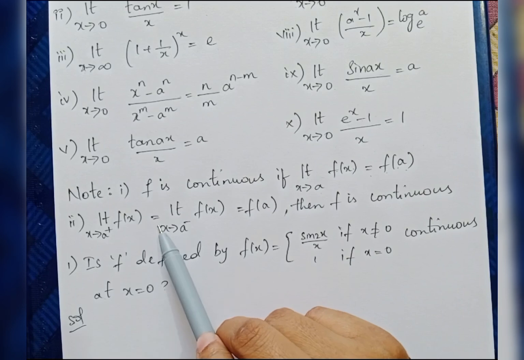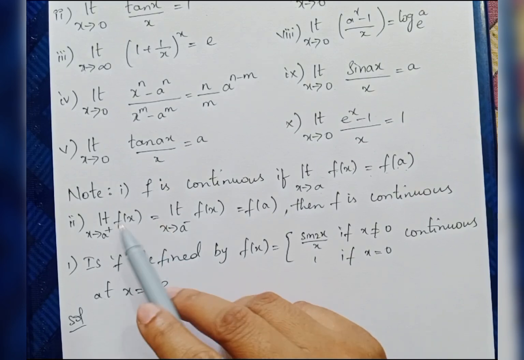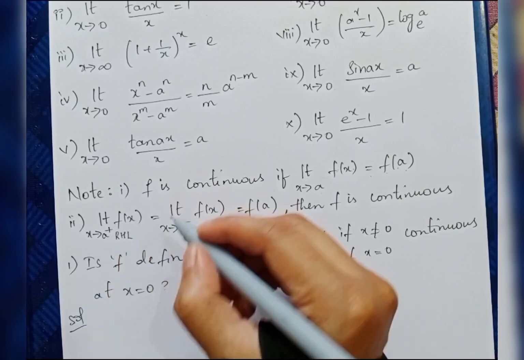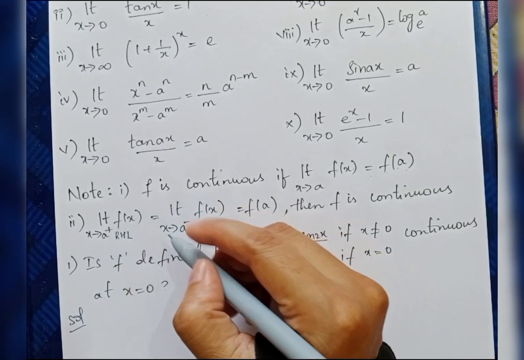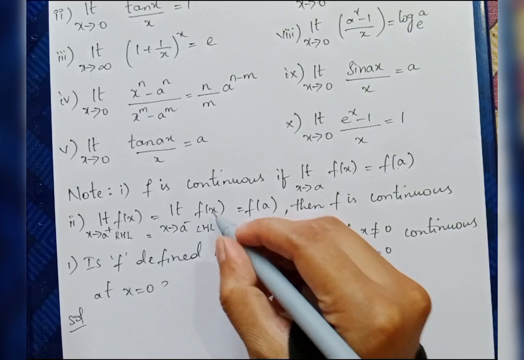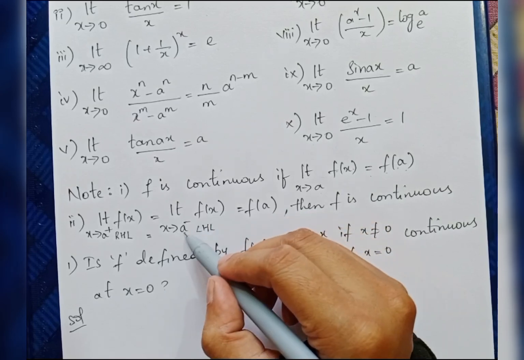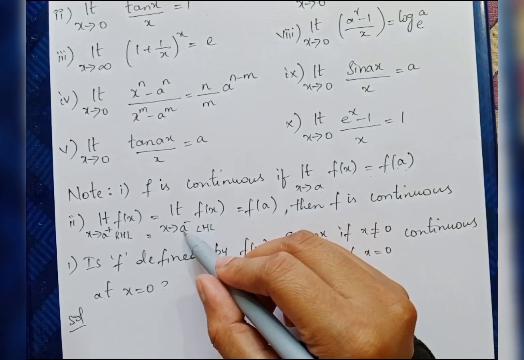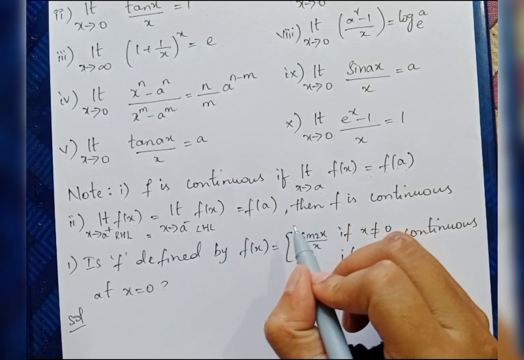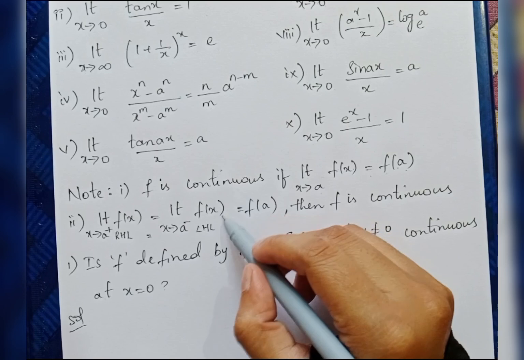And the other case of continuity is if the right hand limit of the function is equal to the left hand limit of the function as x tends to a, then the function will be continuous. When we solve the problems, you will know how this is applied.